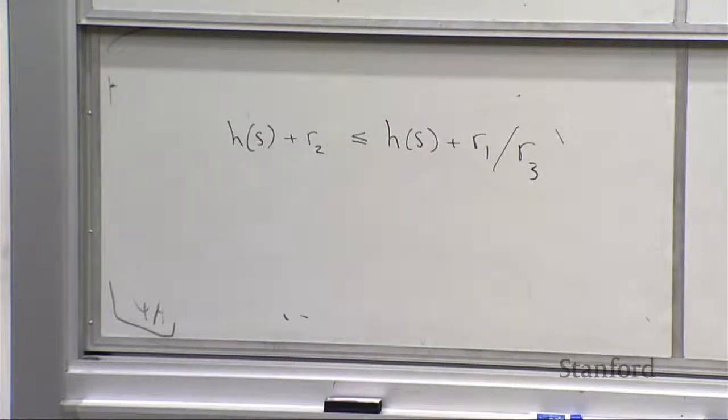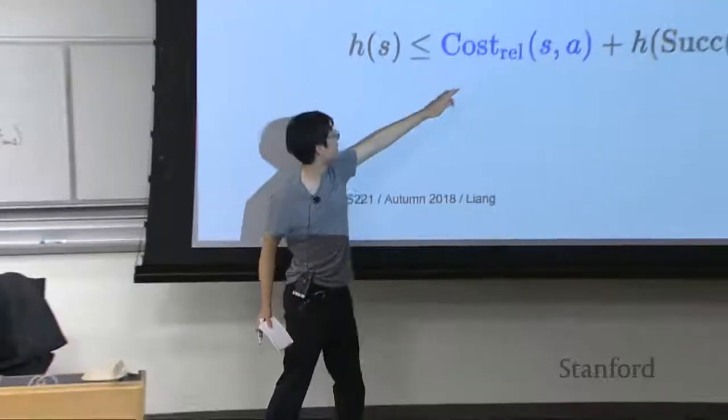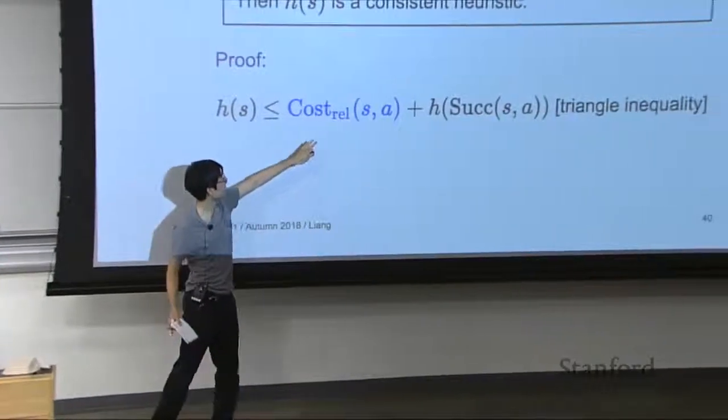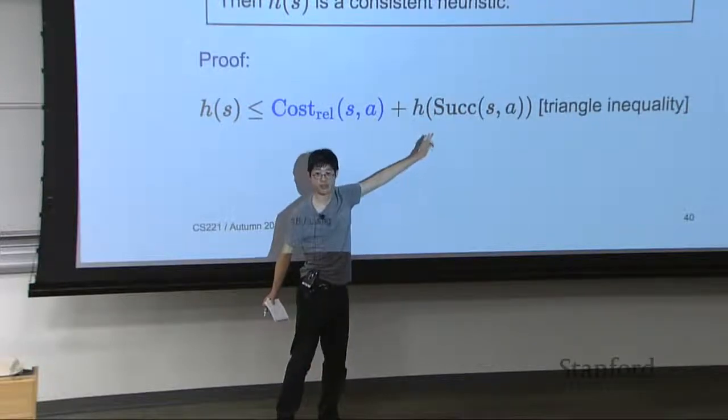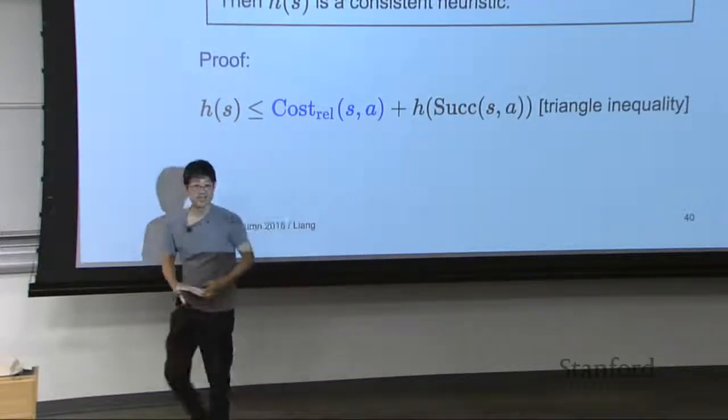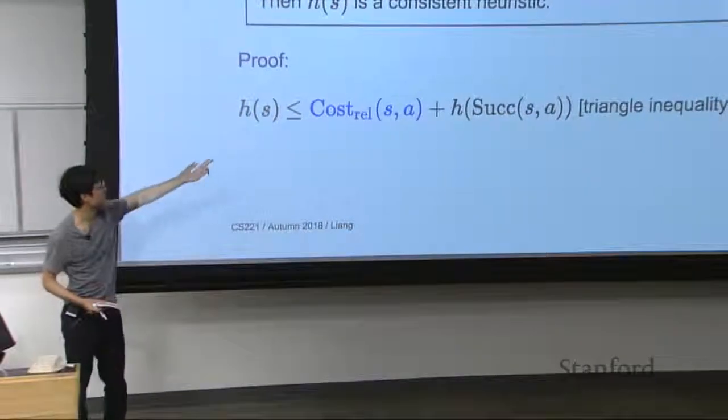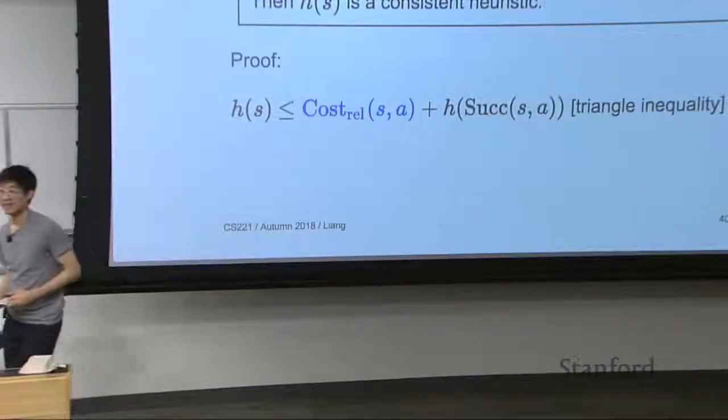So in this formula over here, this is the R that I have on the whiteboard. And we're saying h of S is less than or equal to R plus h of the future state, h of S prime. So it's always the case that h of S is less than this quantity over here.